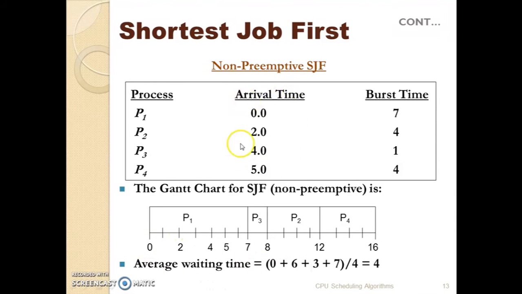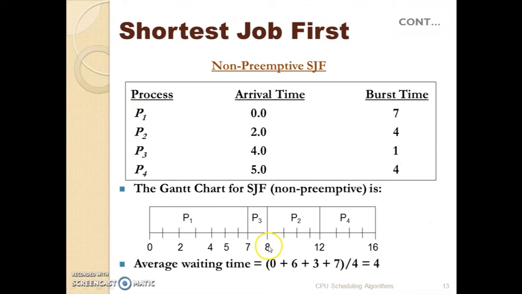Since we have arrival time in this, the waiting time is a bit complicated. For waiting time, what we need to do is subtract the time when the process arrived from the time it started. So P1 started at 0 seconds and arrived at 0 seconds. So the wait time of P1 is 0. Now if we go in order, after P1 it was P2.